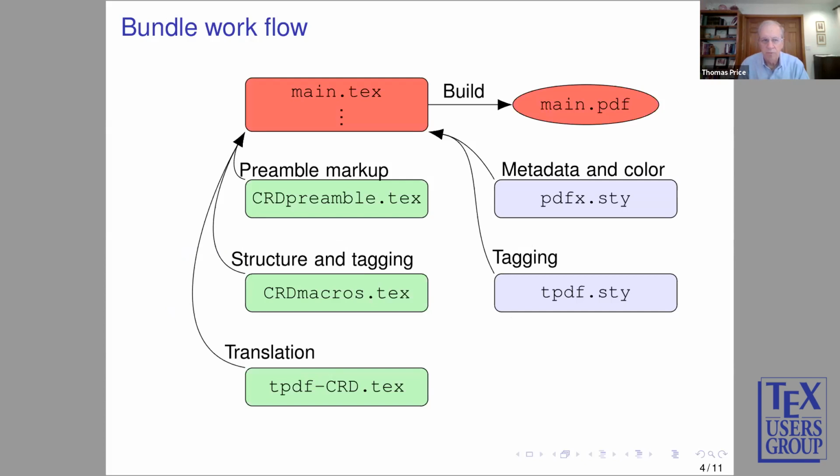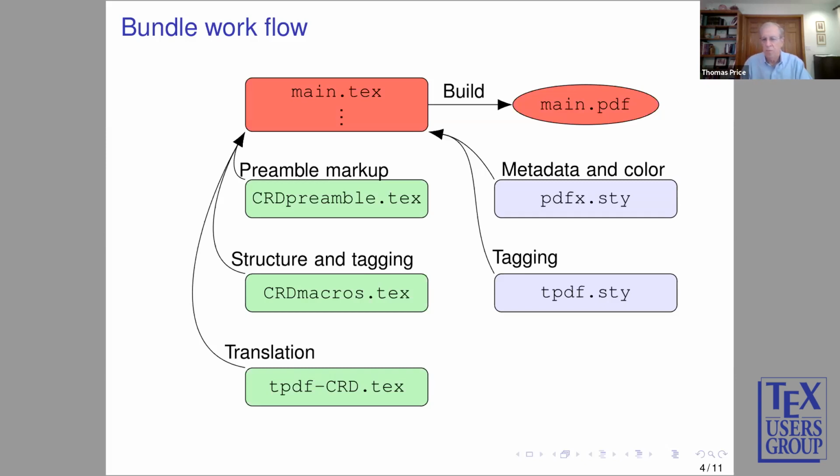This is the basic workflow of the bundle. First of all, we have the main.tex file, which is really your document file. The three dots indicate other files that you may bring in, like images and so on. The authors don't really start with a blank page. I provide a template in the bundle that contains almost all the code they need to mark up a document to be typeset as an accessible document.